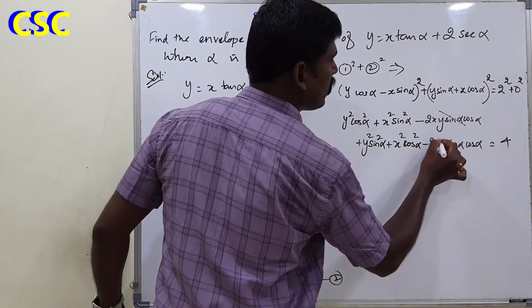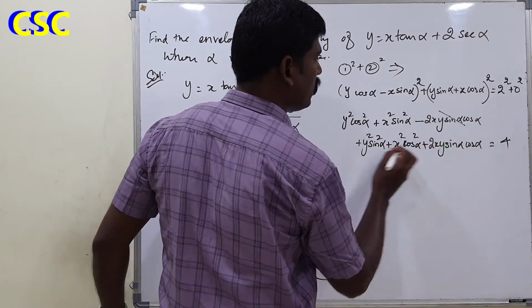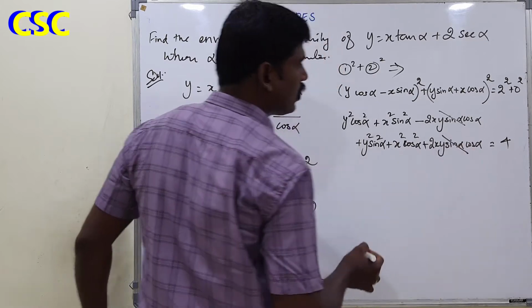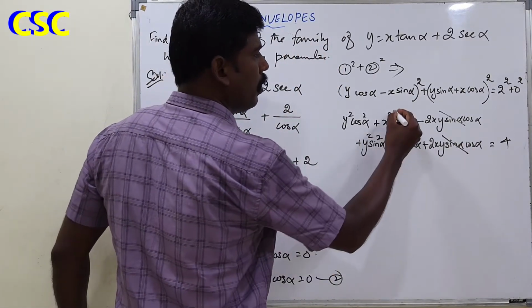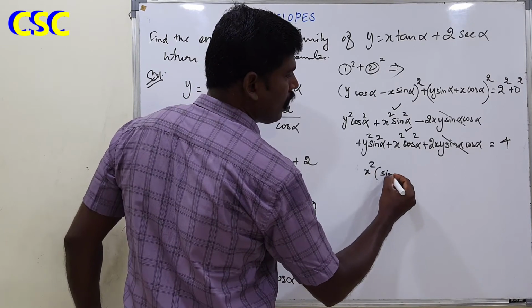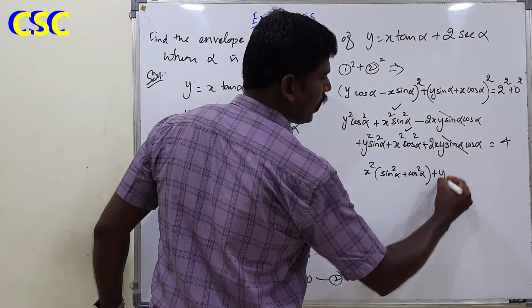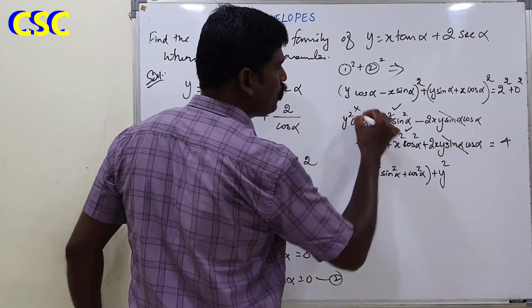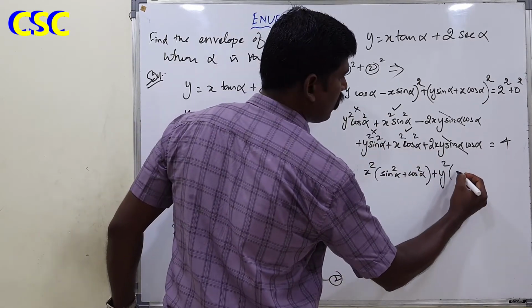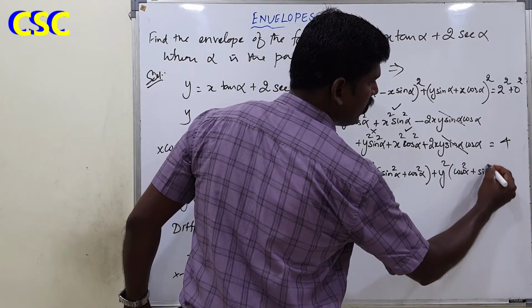We can cancel both of these two terms, since this becomes plus, a square plus b square plus 2ab. By taking x square as common from the two terms, sin square alpha plus cos square alpha, plus again taking y square as common between these two terms, what you will get? Cos square alpha plus sin square alpha.